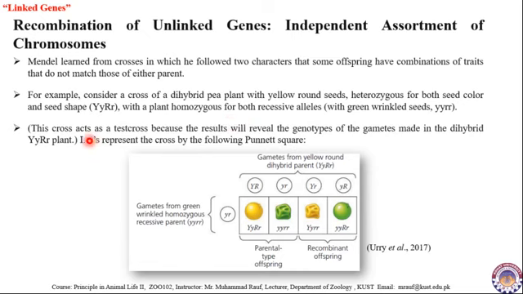So this cross acts as a test cross because the results will reveal the genotype of gametes made in the dihybrid plant. Now, in that experiment, the F1 hybrids were not crossed with each other, but they were crossed with the homozygous recessive parent, and it was termed as a test cross.